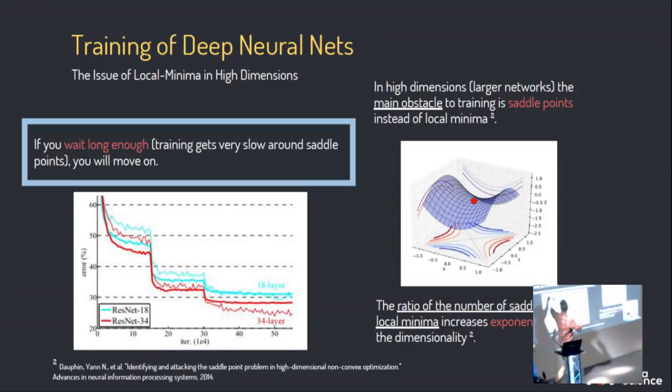If you wait long enough, you will continue dropping down, right? This is a trick. If you are working with millions of images and a huge network, let's say 100 layers deep, you go down and end up in another saddle point, and you go down.